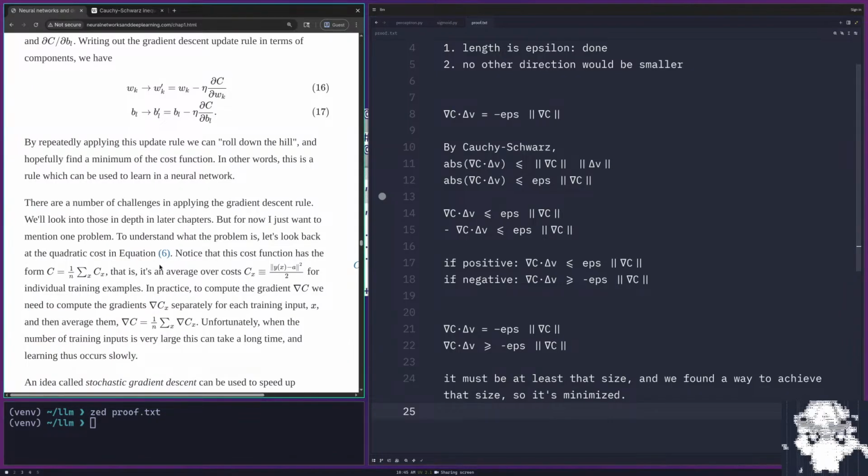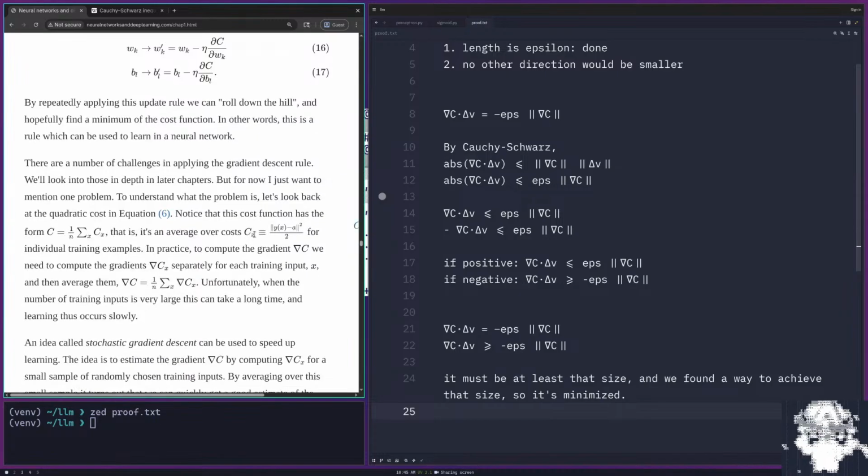Notice that this cost function has the form C equals 1 over n times the sum over x of Cx. That is, it's an average over costs. Cx is defined as the square of the distance between what we got and what we wanted, over 2, for individual training examples.